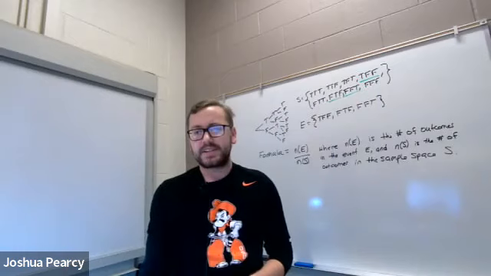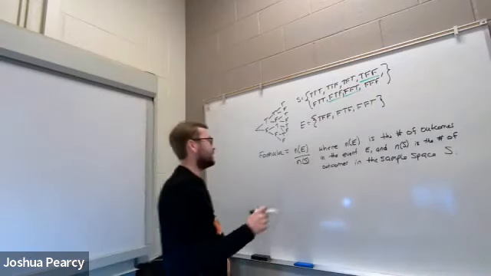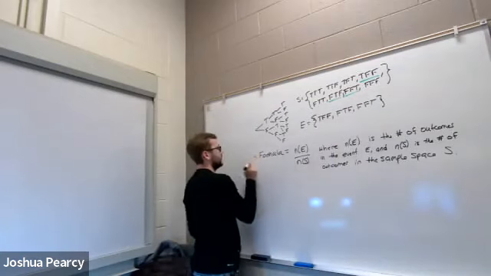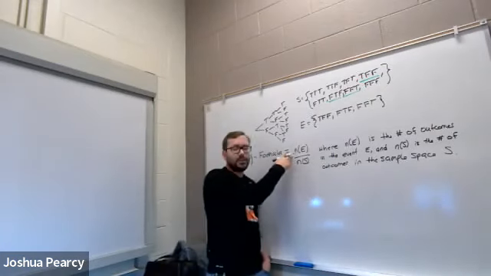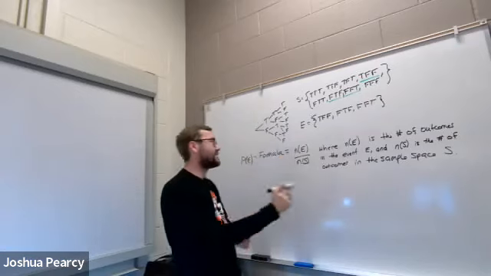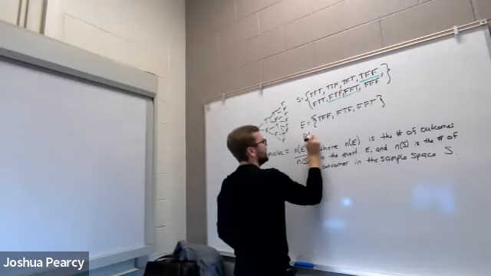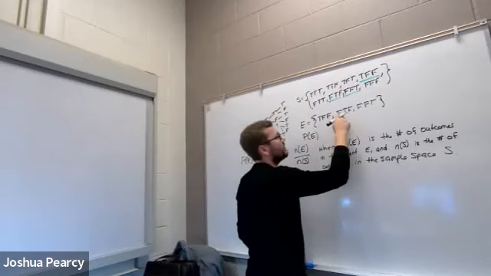So the next step, find the probability of the event E. So just use this formula here. The probability of some event E is equal to the number of outcomes in the event E divided by the total number of outcomes in the sample space S. So then if I want to find the probability of E, I have how many outcomes in E? 1, 2, 3.